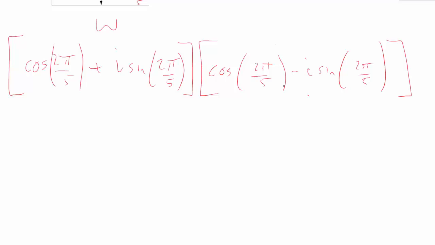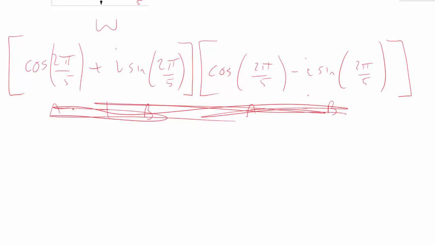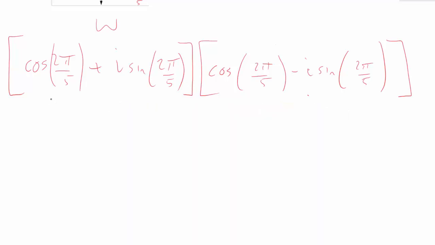And now what do I have here? This is a plus b times a minus b, difference of 2 squares. And so I can do that. So I'm bound to get cos squared of 2 pi by 5.